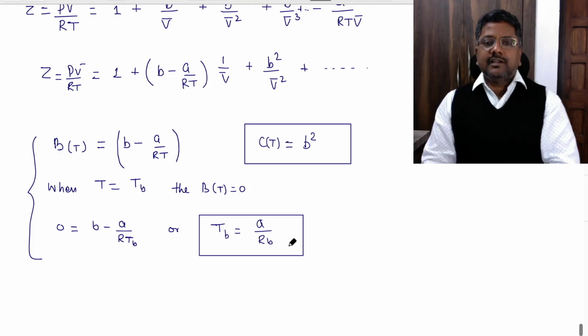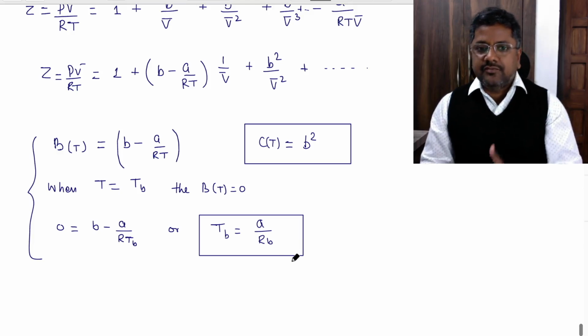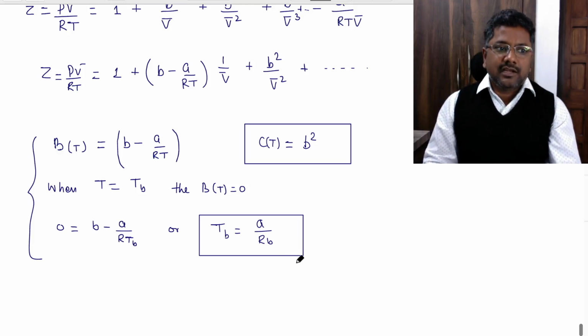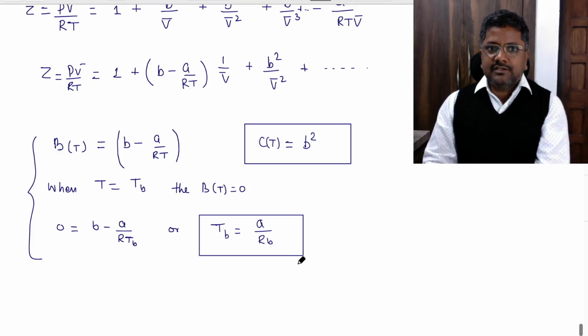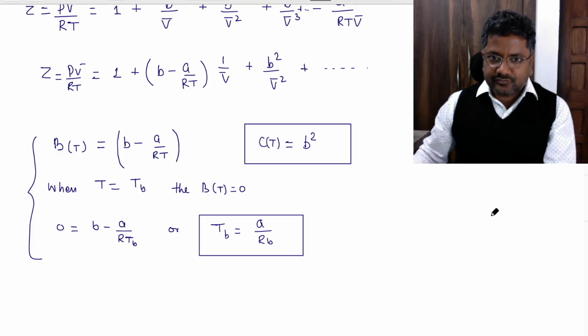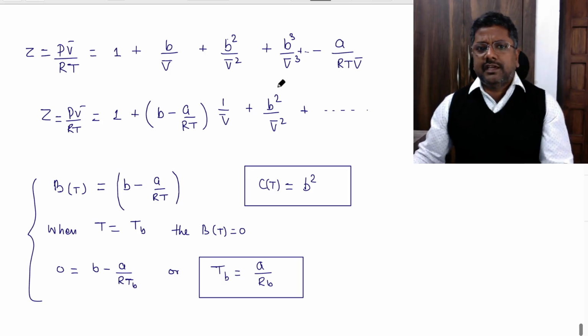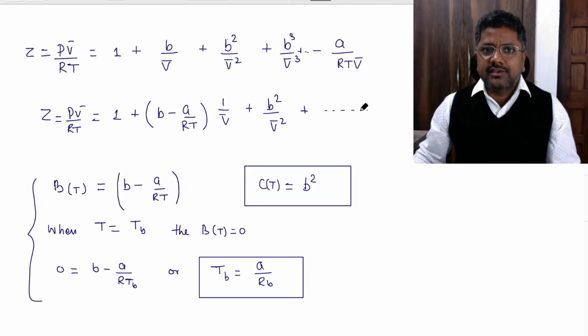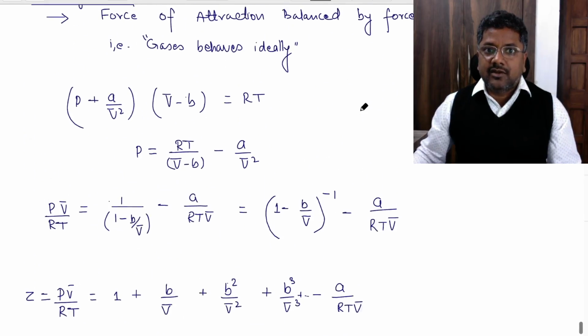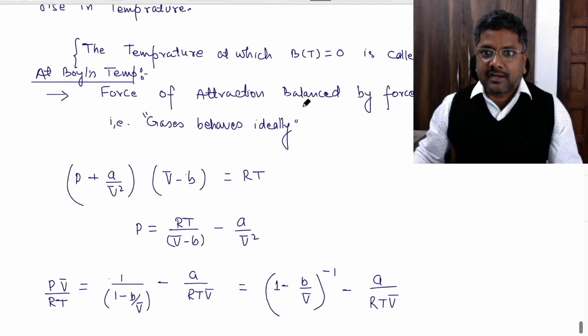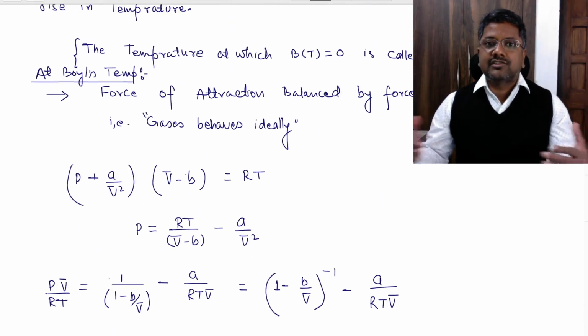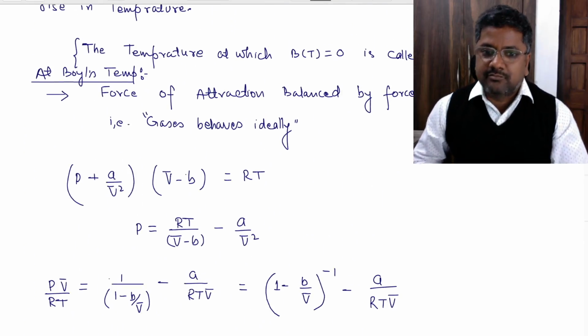If one temperature is known, you can calculate the other. This is a very fundamental equation through which you can explain Boyle's temperature, and find the temperature when the force of attraction and force of repulsion between the gas molecules are balanced.